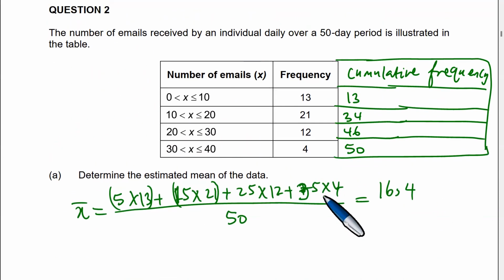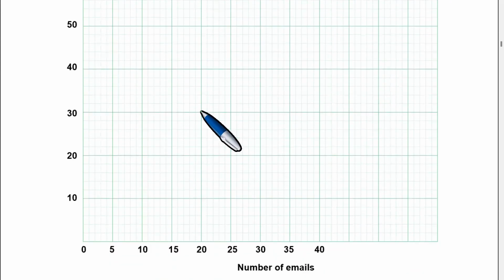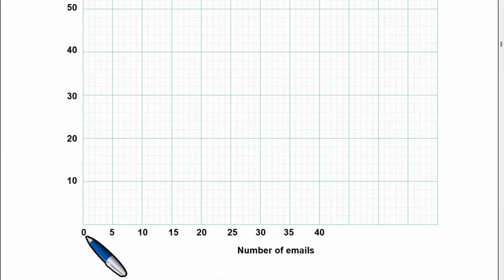Now with the cumulative frequency, you start. At the cumulative frequency 13, you can see that that is between 0 and 10. So it is cumulative frequency 13 with 10. Otherwise, then you have 0. So you're going to come here and start at the origin.